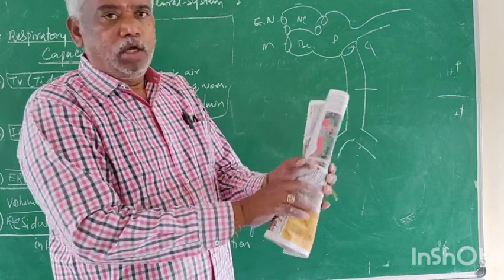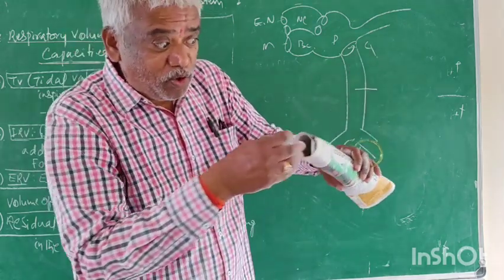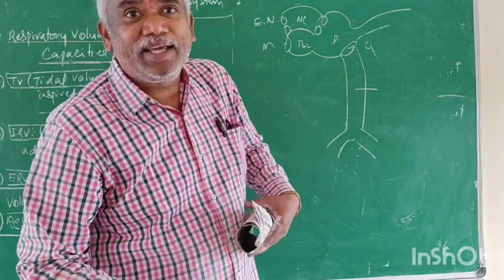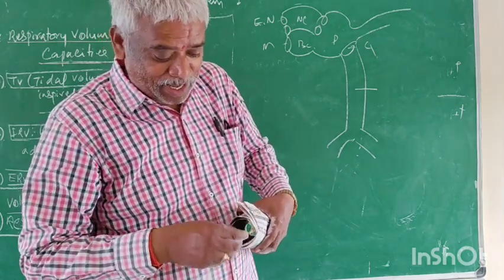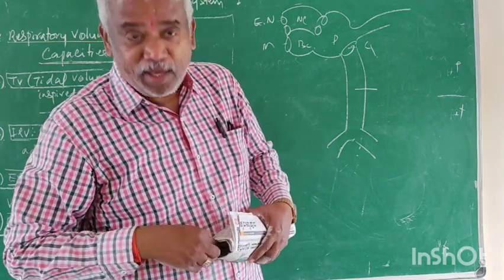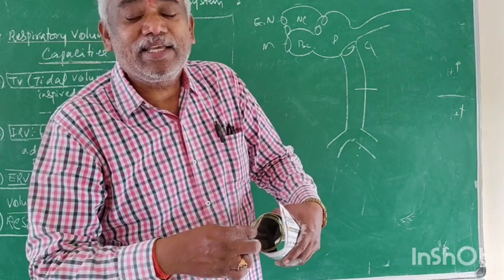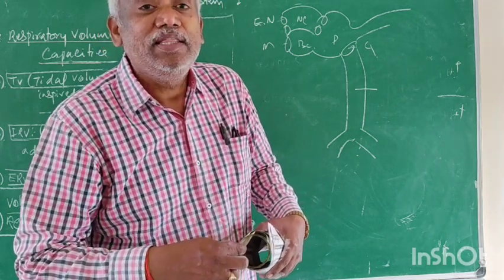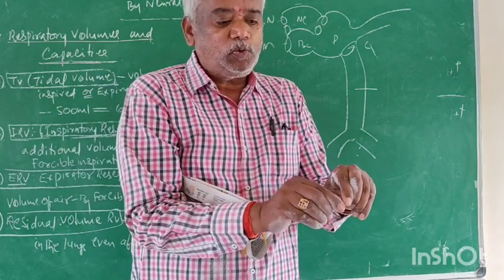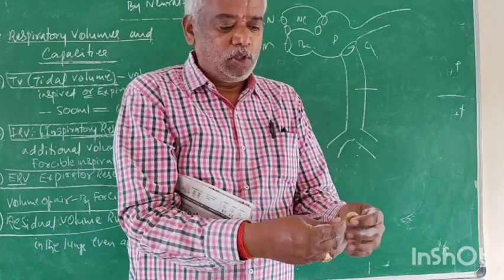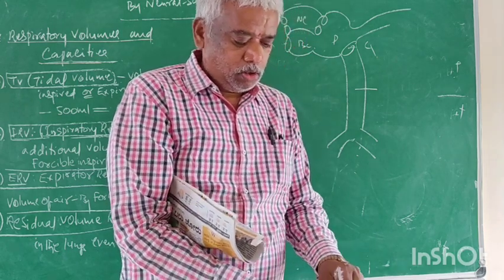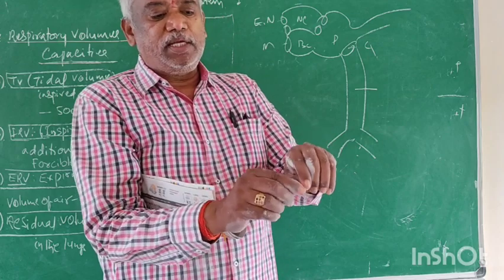This is the trachea. Now you are seeing external. Now it is internal. Internally, trachea is supported by rings, which are made with cartilage. That is incomplete. That means, suppose there will be a break.